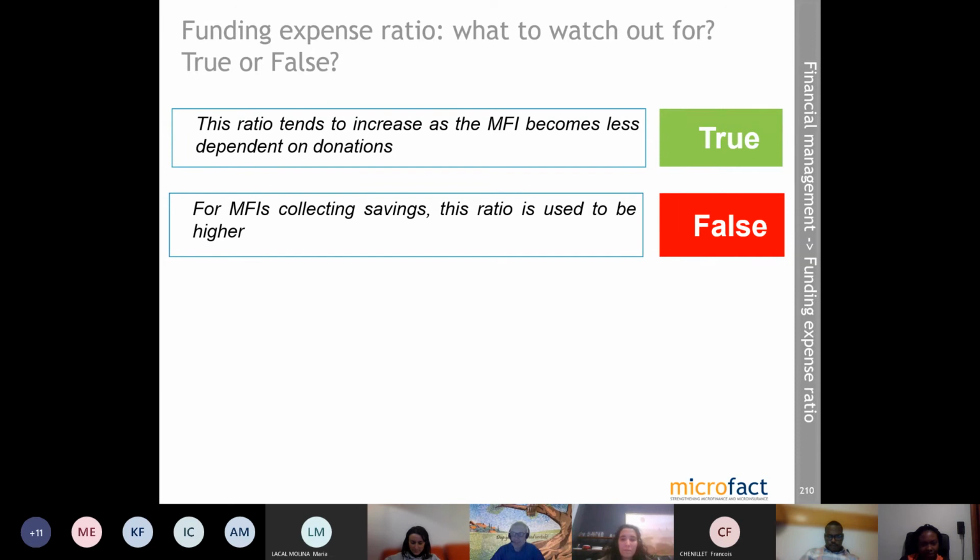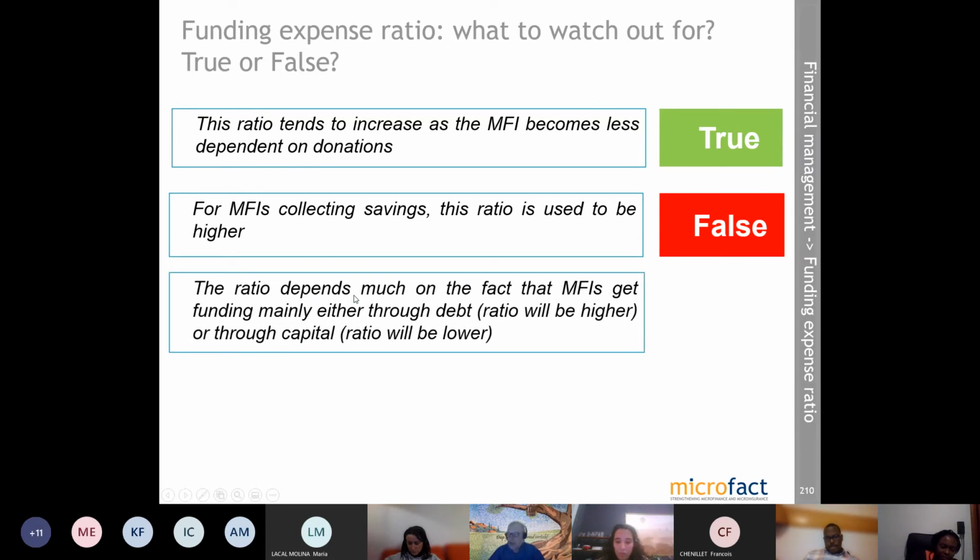So this is what we said: microfinance institutions mobilizing savings have a higher operating expense ratio, but they have a lower funding expense ratio because of the lower interest rates compared to commercial funding in the microfinance market. It depends much on the fact that MFIs get funding mainly either through debt, when you have debt the ratio will be higher, or through capital, the ratio will be lower.